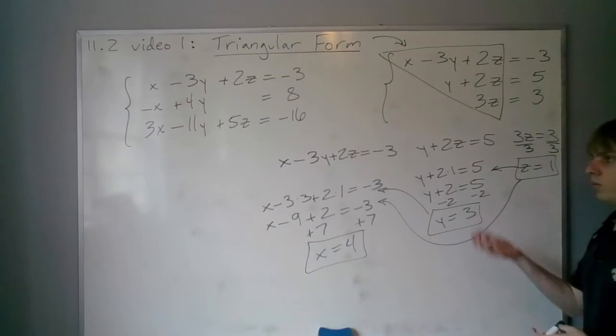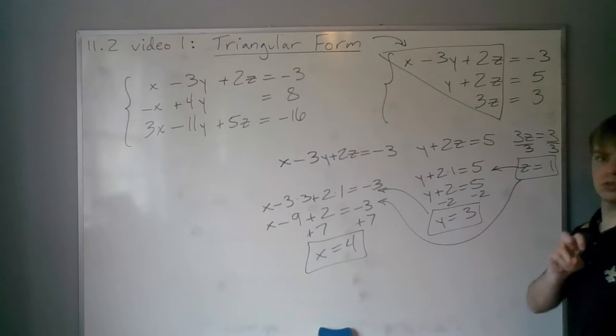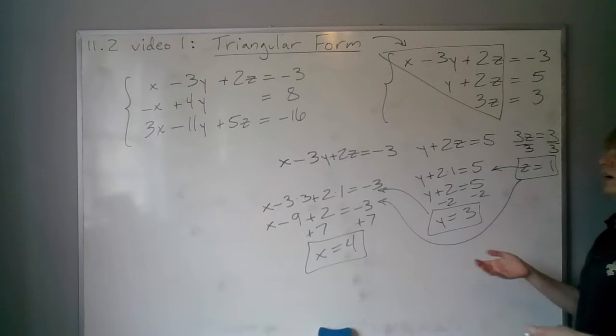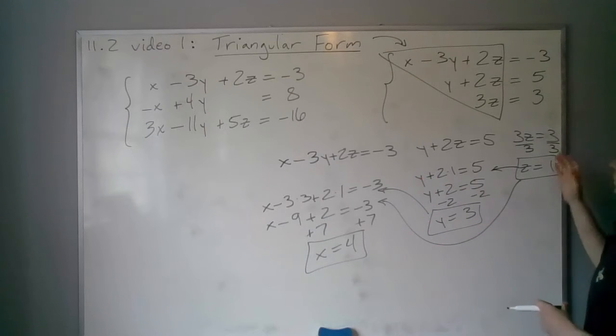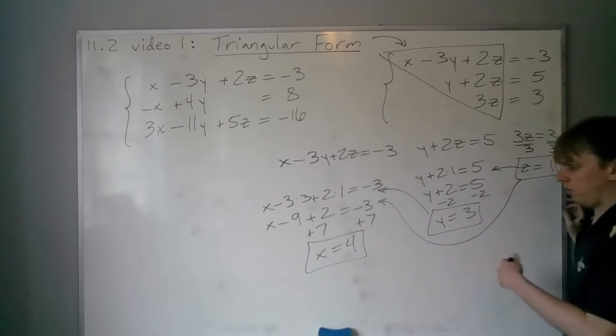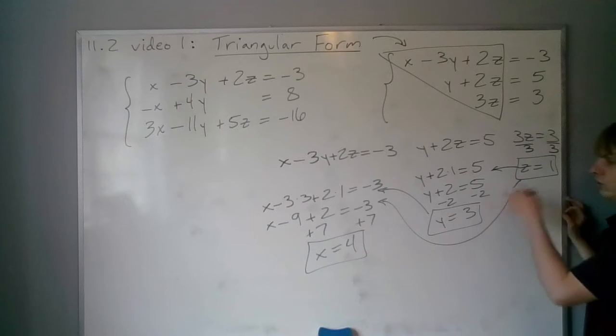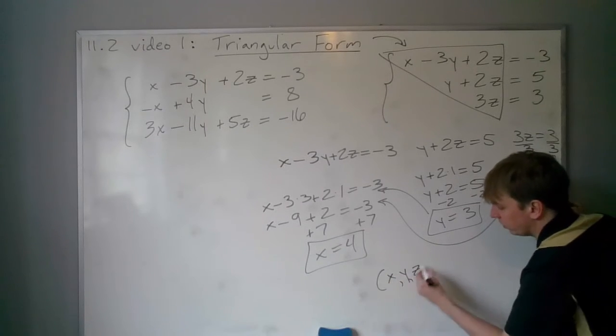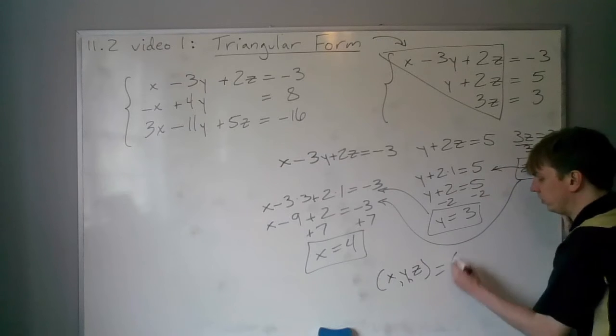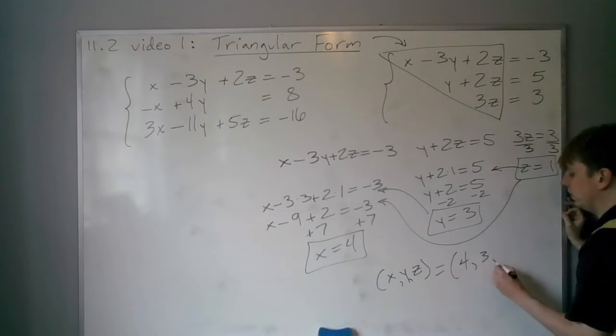So just like when we're solving a system of equations with two variables, we need a value of each variable to come up with an answer. So in this case, I would say x is 4, y is 3, z is 1. Or instead of writing it as a point, because it's not just two numbers, we'll write it as a triple. And again, we'll stick with alphabetical order. X, y, z will be a triple, and it'll be 4, 3, 1.